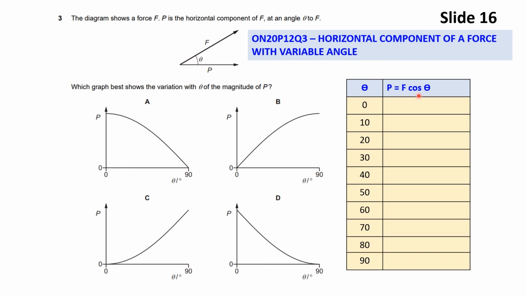Cosine, close, remember? Rhymes. Okay, so now what I'm going to do is use my calculator, and I'm going to type cosine of 0 degrees, cosine of 10 degrees, and so on, and see how much it will affect the value of P.